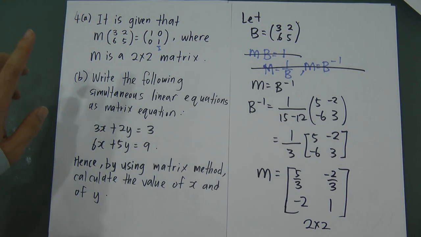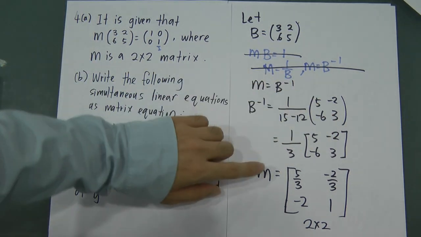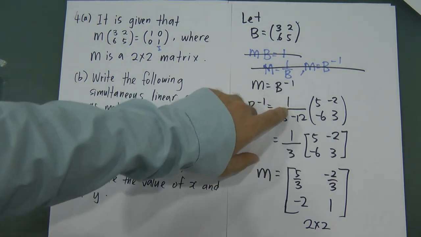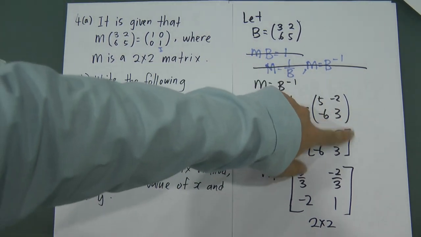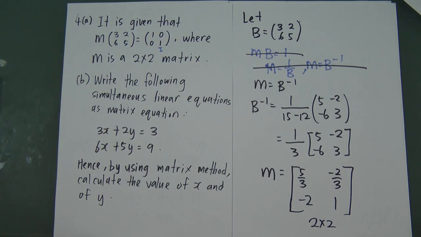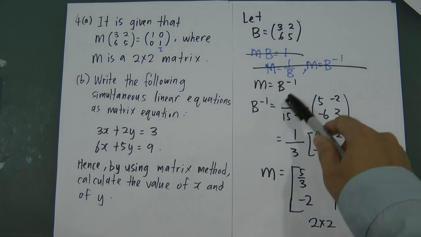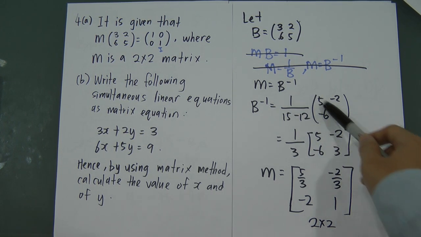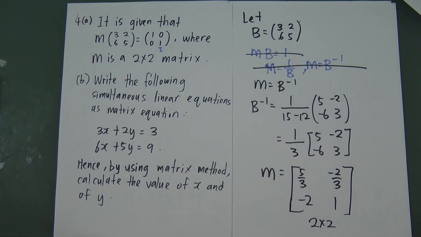What I want you to do is make sure you write M equals 1 over AD minus BC, and then all of this you can straight away do the inverse. You can also do it that way. It doesn't matter, as long as you write 1 over AD minus BC, and then D and A change place, B and C add negative. That means you have to show the examiner that you are doing the inverse. Then you get the mark.